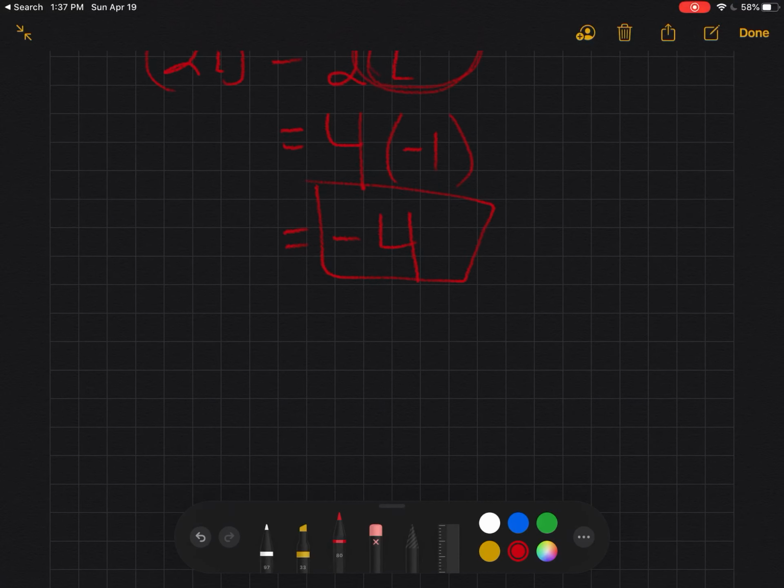We said by definition, i squared is equal to negative 1. It's another name for negative 1. So this i squared here gives me negative 1. And then I have 4 times negative 1, and that gives me negative 4. Great. So now I can say negative numbers have square roots. That's exciting, right? I'm excited. I hope you're excited.